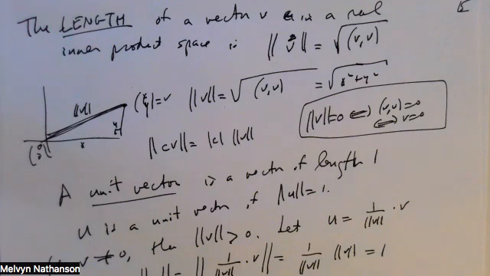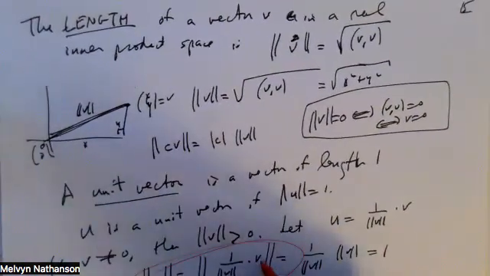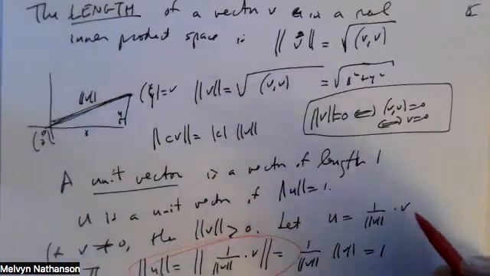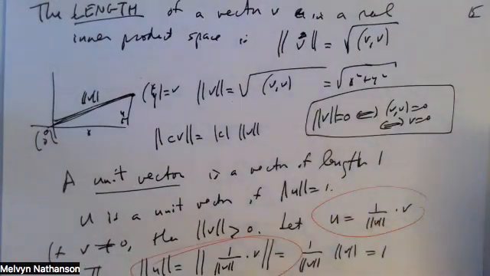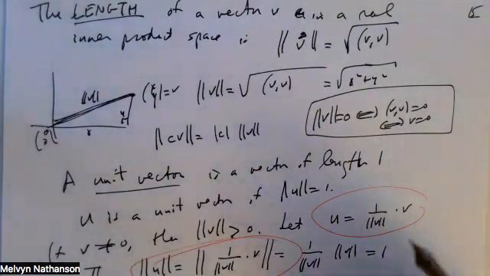So if I take any vector V and I divide by its length, this is always a unit vector.